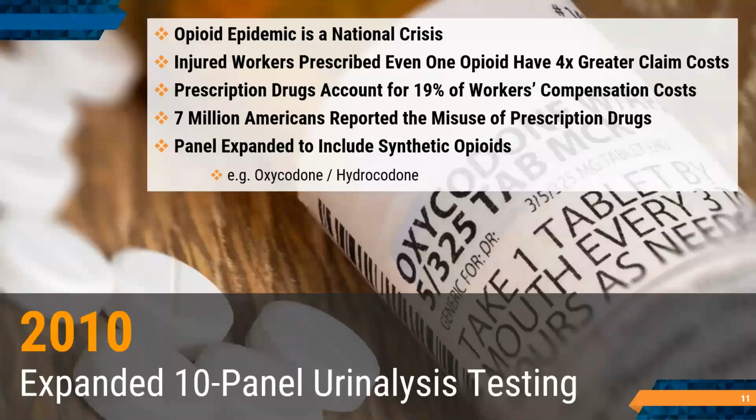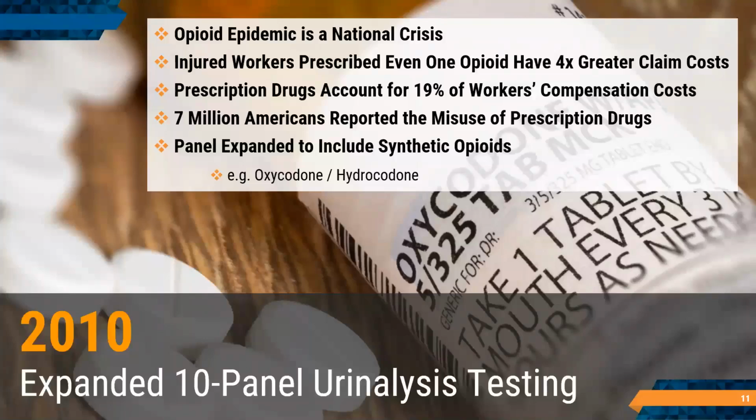Now in 2010, we started to see the expansion of that 10-panel urinalysis test that I talked about to start including additional opioids. So although we hear about the opioid epidemic today, it's constantly on the news. It's a huge concern across the country. The reality is this crisis started showing up in the employee screening world a decade ago.